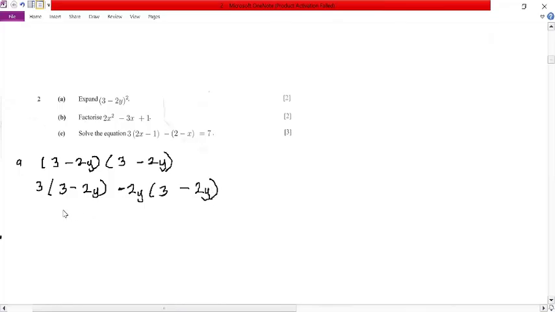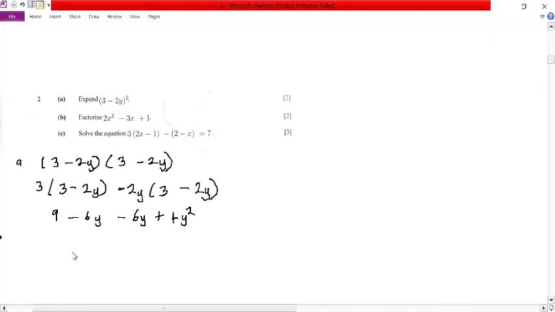Then we expand here. 3 times 3, that's 9. 3 times minus 2y, it's minus 6y. Minus 2y multiplied by 3, that's minus 6y. Minus 2y times minus 2y, we get plus 4y squared.